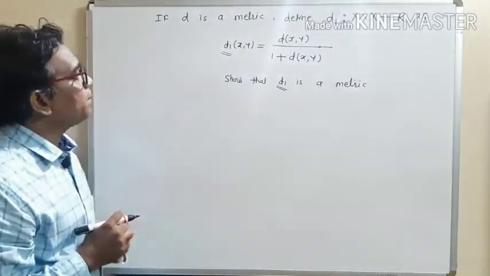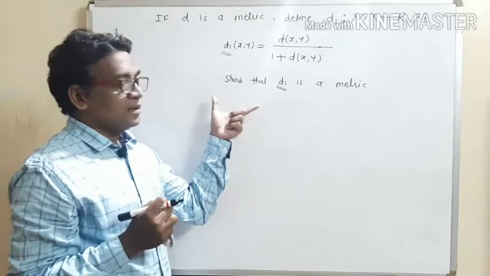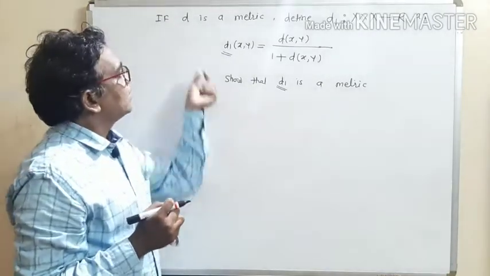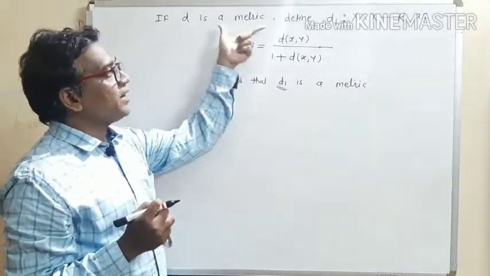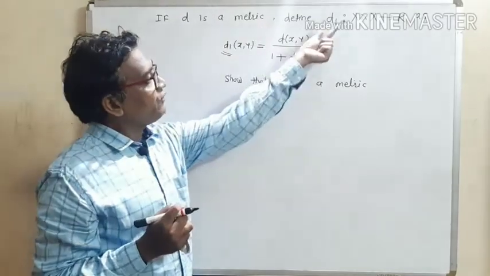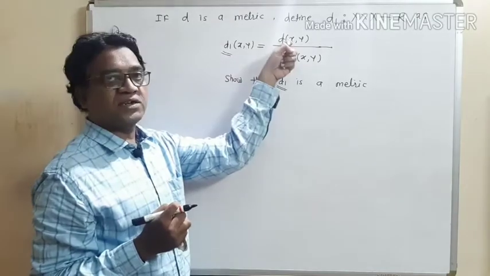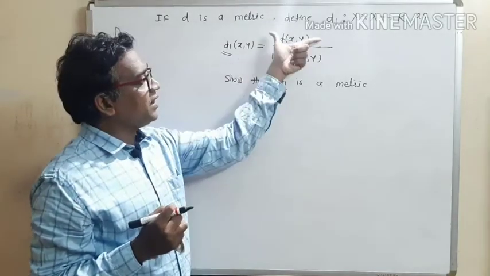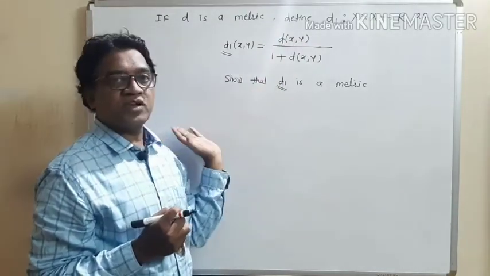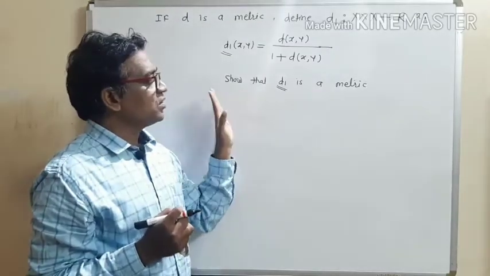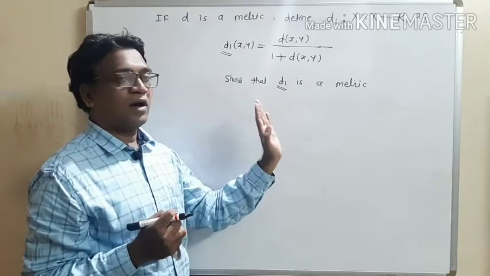What is given in this example? We are given d as a metric and we define this new metric d1 which depends on d. It is given by d(x,y) divided by 1 plus d(x,y). Then what is the question? Show that d1 is a metric.